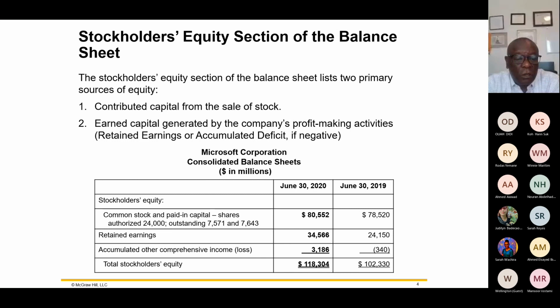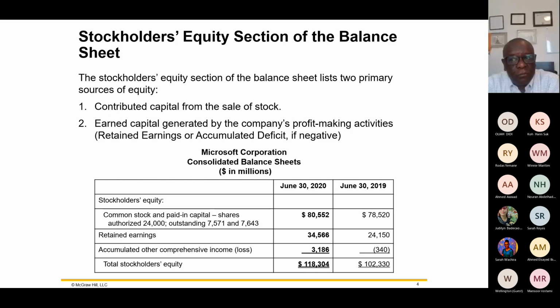And then we have what we call retained earnings. Retained earnings will be another item we have there. So that will give us the total stockholders' equity. Retained earnings, that is earnings that had not been appropriated.